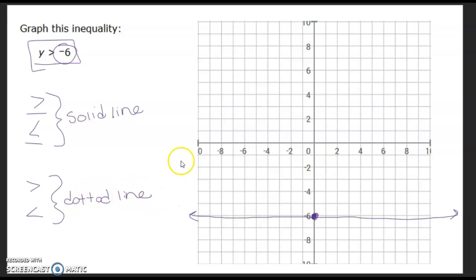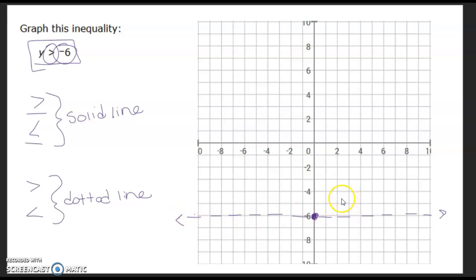I went ahead and did a solid line, but it's not supposed to be solid because there's not a line under my inequality. So this is supposed to be dashed, and you can select dashed in IXL. You just click the line again. It'll change it back and forth from dashed or dotted to solid.